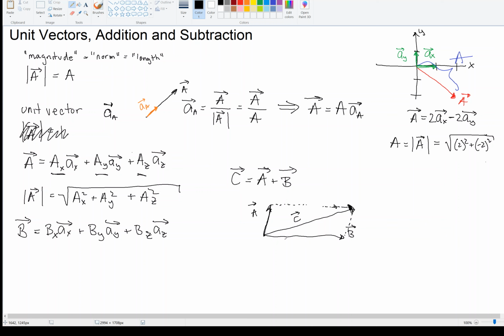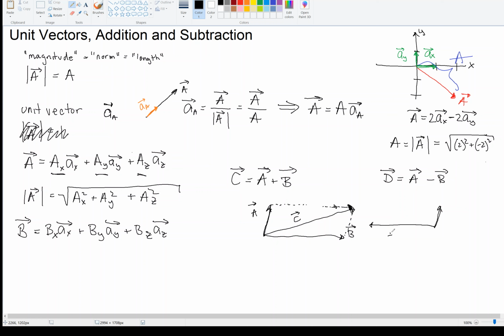If you're not comfortable moving vector B to A, then you can just see that c makes the diagonal of the parallelogram, right? And subtraction, if we wanted maybe vector d was A minus B, you can look at that as adding the opposite of B. So the opposite of B, we just turn it around, right?